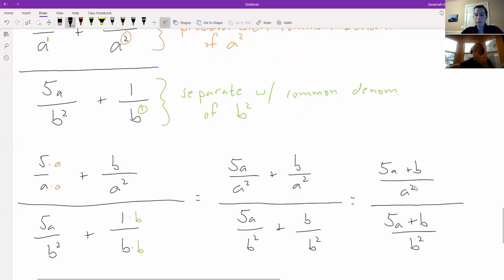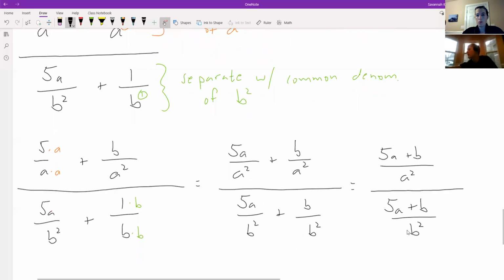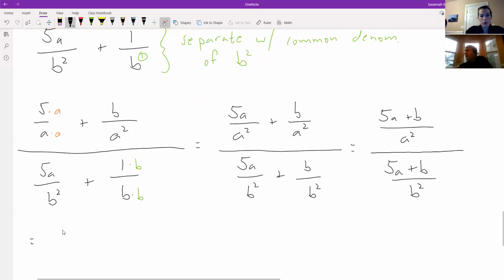Okay, so we've finally gotten to the stage where we have a single fraction on top of another single fraction. And what we're going to do is invert and multiply. So this is where we rewrite the top fraction, nothing changes, but we flip the bottom fraction. So the b squared goes on top.